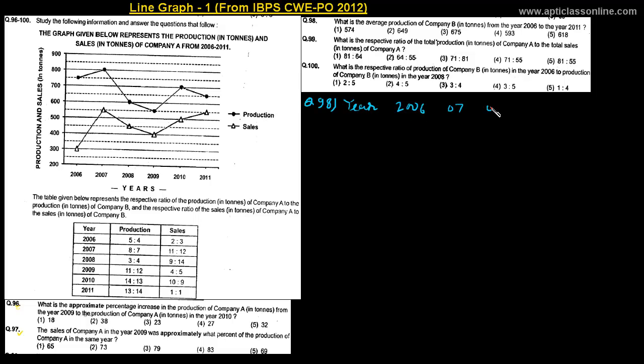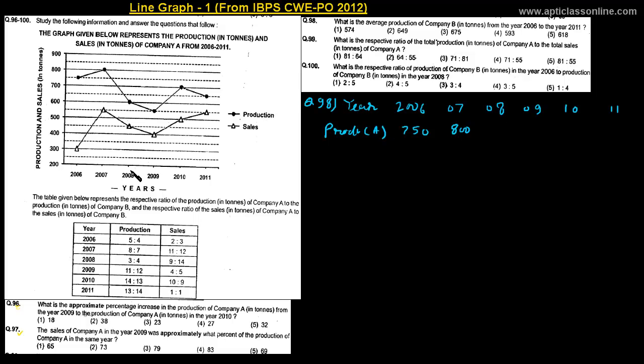2006, 7, 8, 9, 10 and 11. So first see what is the value of production of company A. Let's first write it. So for A, the value is 750 for 2006. For 2007 the value is 800.